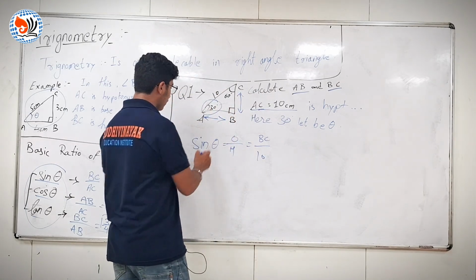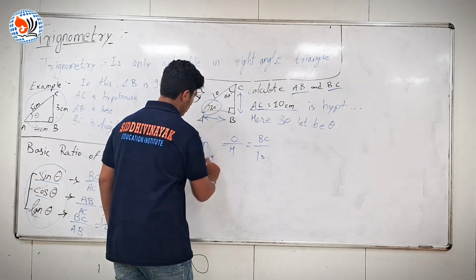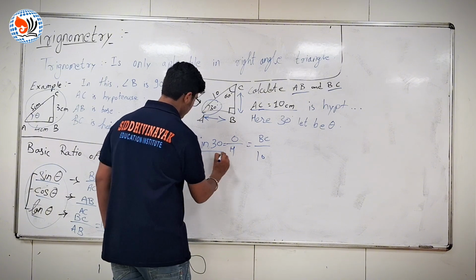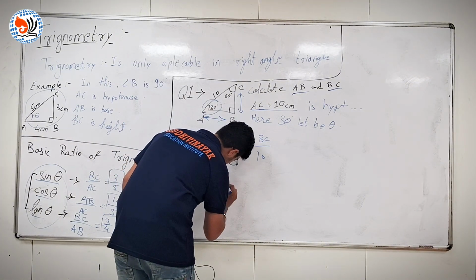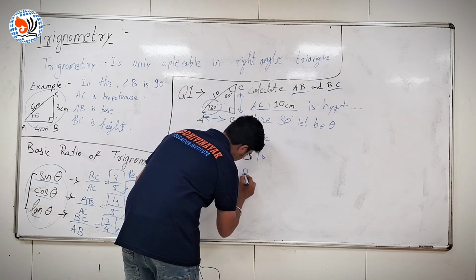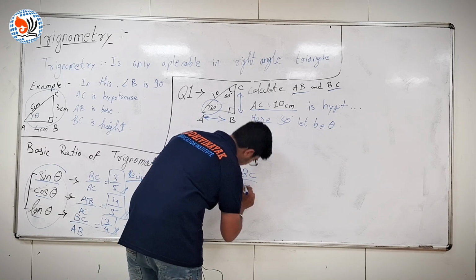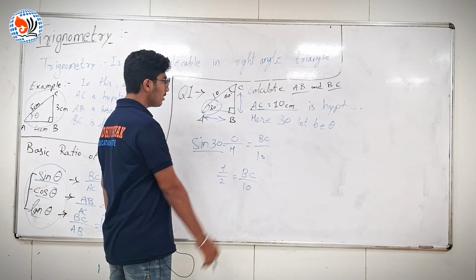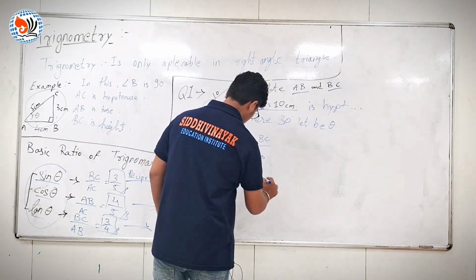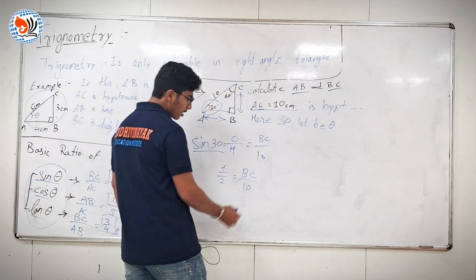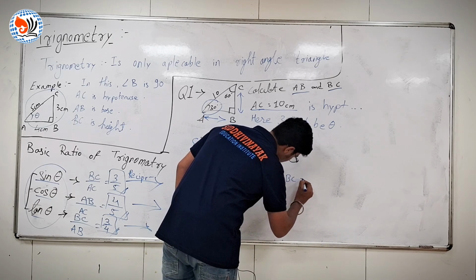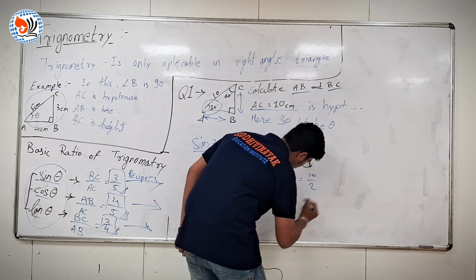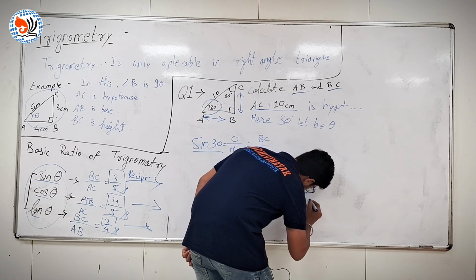The value of sine 30 is 1 by 2, which is equal to BC upon 10. So 10 will go here. BC is equal to 10 by 2, which is equal to 5 centimeter.